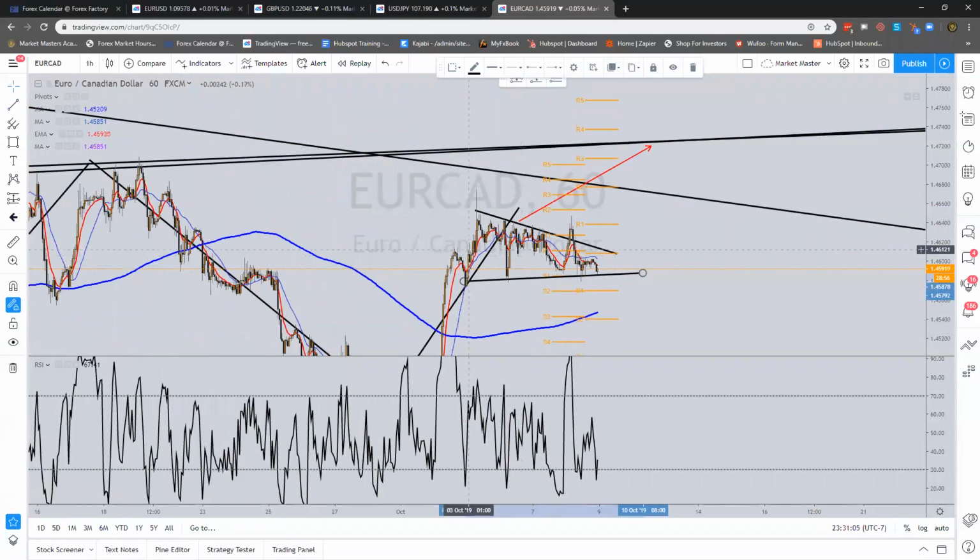Anyone know what kind of pattern that is? Let's see if someone can. Someone said bull flag. That's pretty much it.